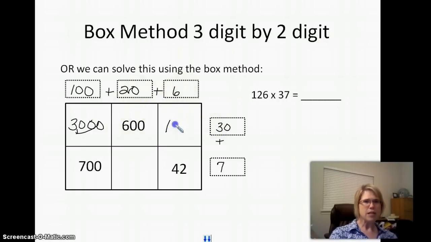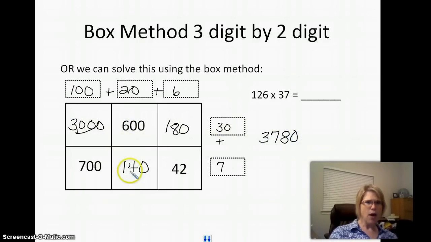6 times 30 is 180. 100 times 7 I've already done for you. 20 times 7 is 140. And then 6 times 7 I've done for you, which is 42. Let's see if I can do this. I'm going to add up in rows. It looks like over here I have 3,780.